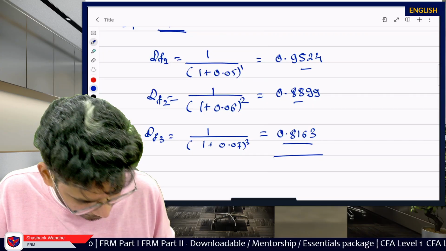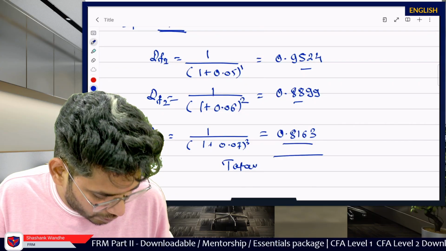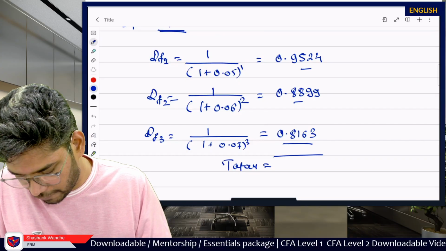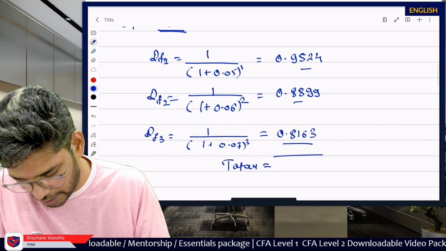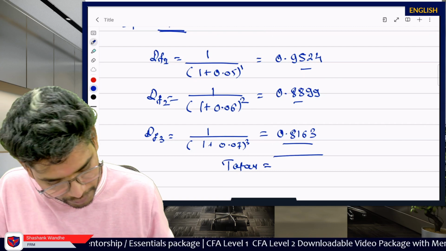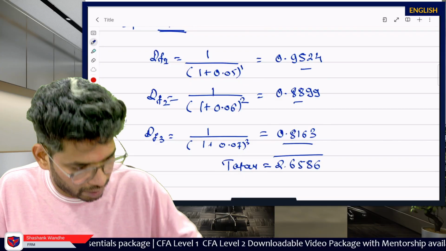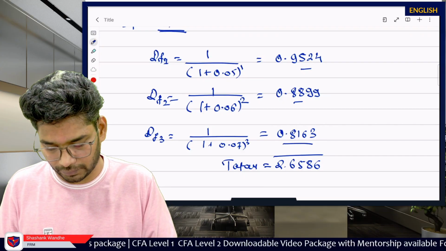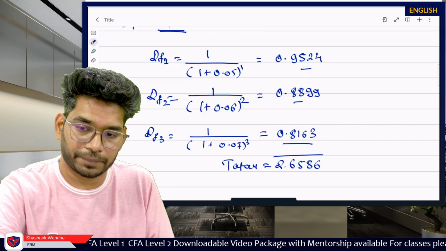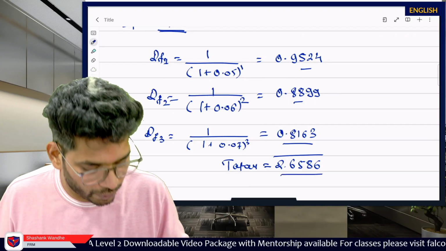And then we have to calculate the sum, the total of the discount factors. So the total is 0.9524 plus 0.8899 plus 0.8163, which is 2.6586. Okay, so we got the total.